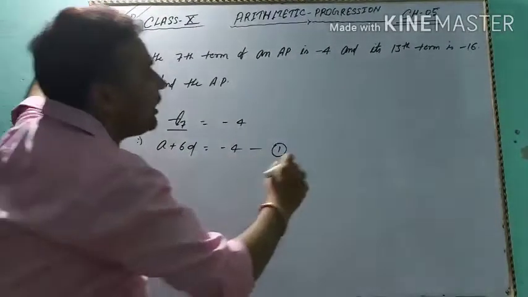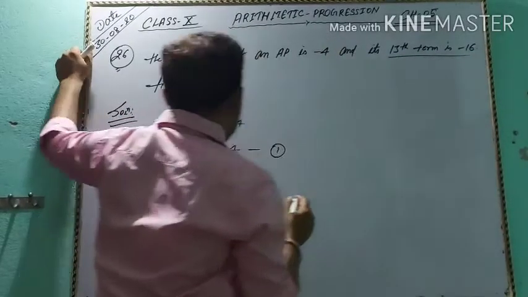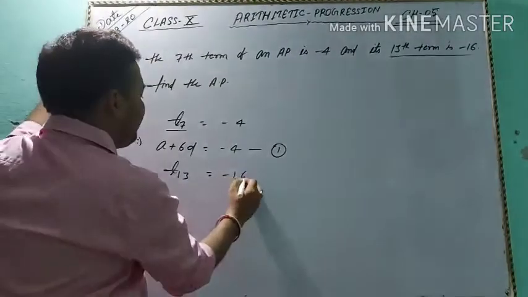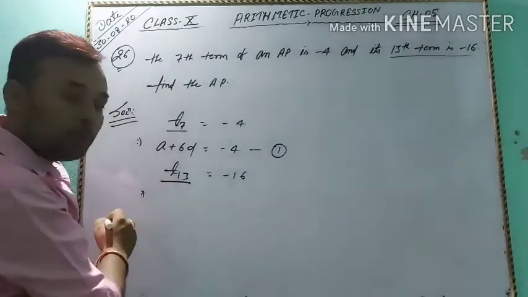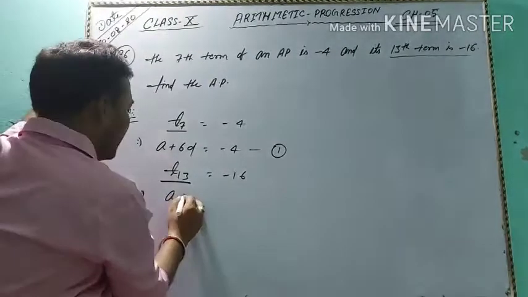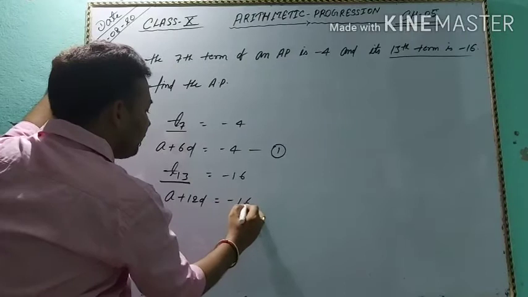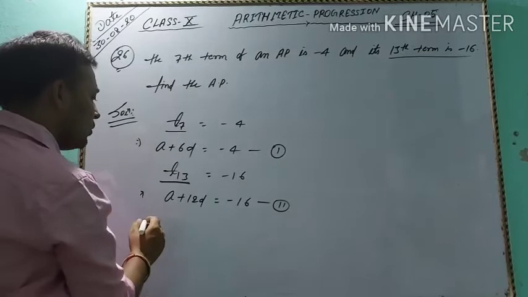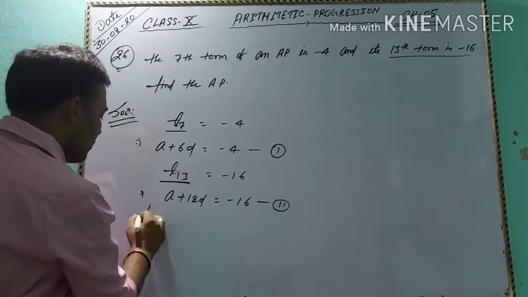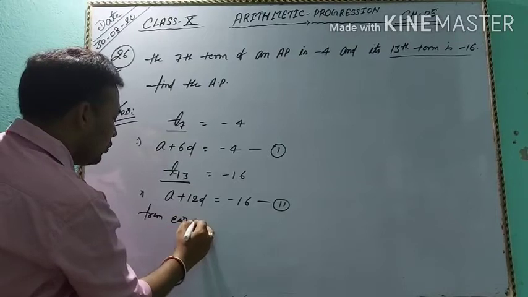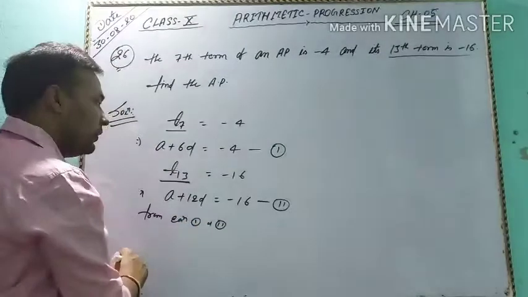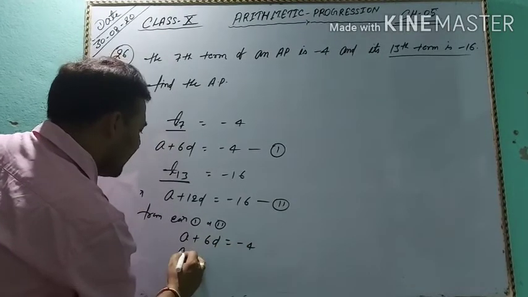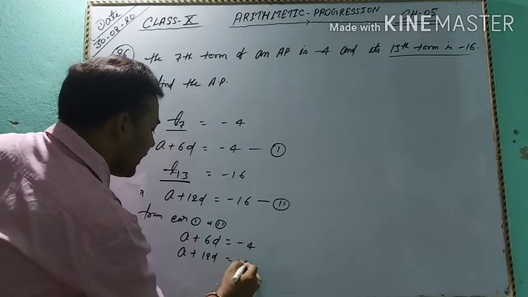And the 13th term is minus 16, T13 equal to minus 16. For 13th term we write a plus 12d, that is a plus 12d equal to minus 16. This is equation 2. From equation 1 and 2, a plus 6d equal to minus 4 and a plus 12d equal to minus 16.